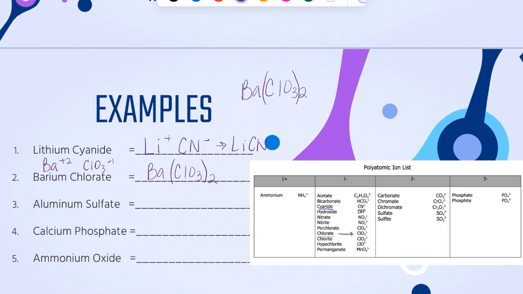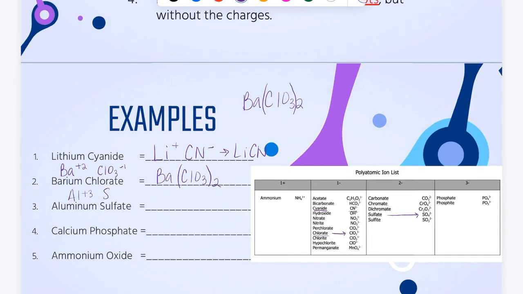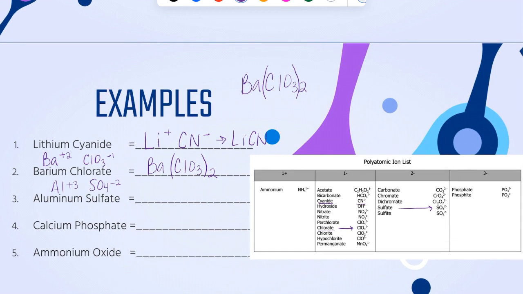Okay, let's take a look at the next example. So the next example, we have aluminum. Aluminum is Al with a charge of positive 3. And if we find sulfate, sulfate is SO4 minus 2. And here's a case where the charges don't balance, and I like to think of it as thinking of the lowest common multiple.